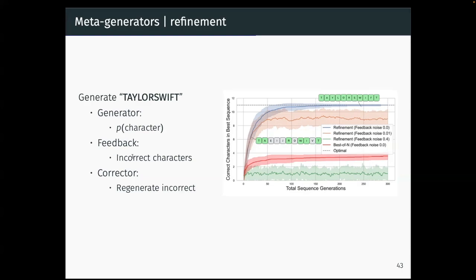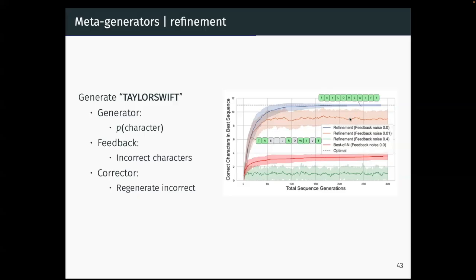However, let's say you have some feedback and it tells you exactly which characters are incorrect. If the characters are correct, then you don't resample. Otherwise, you only resample the incorrect ones. So it's a kind of oracle feedback. But if you do that, then you can have this kind of perfect refinement system that gets the answer at the end.